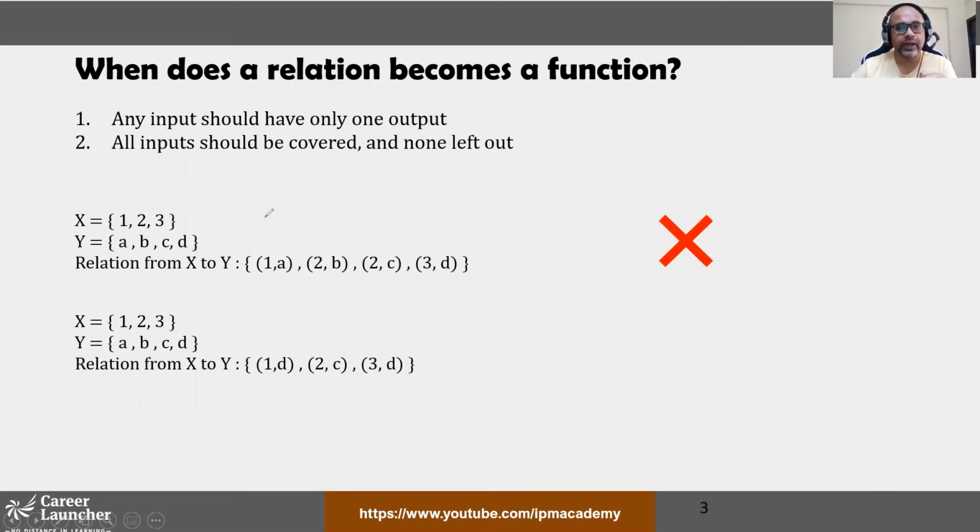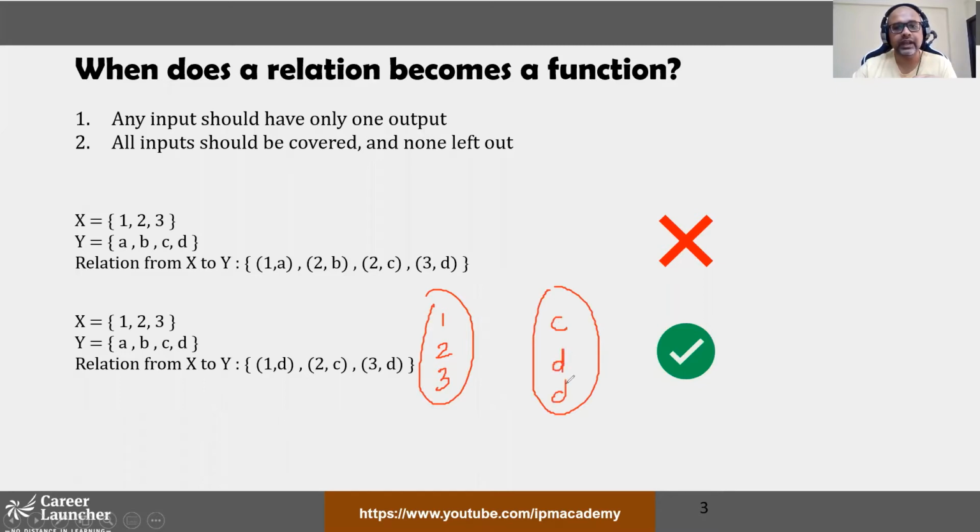Whereas the second one will meet both the criteria. Here, 1, 2, and 3 are mapped to D, C, and C. So only C and D are used, whereas A and B are left out. That's okay, no problem. 1 is going to D, 2 is going to C, 3 is also going to C. Two different inputs can go to the same output.